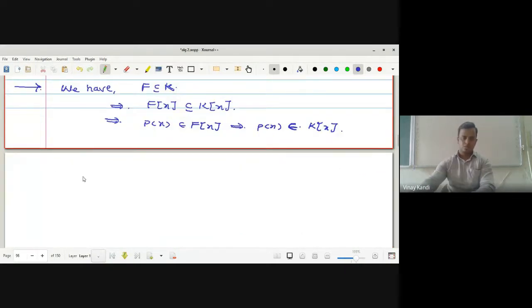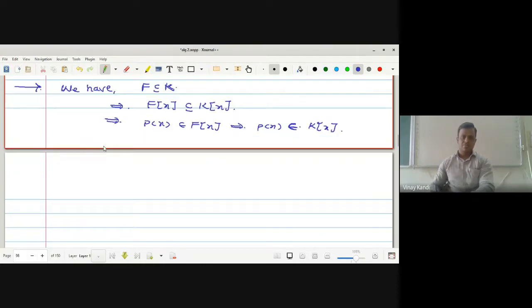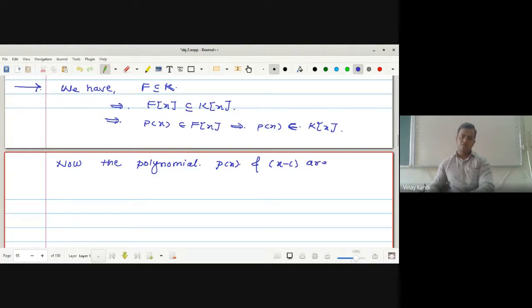Now this P of x belongs to capital K of x. Now the polynomial P of x and x minus c are both in K of x.